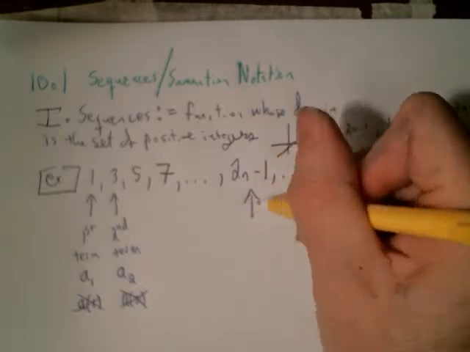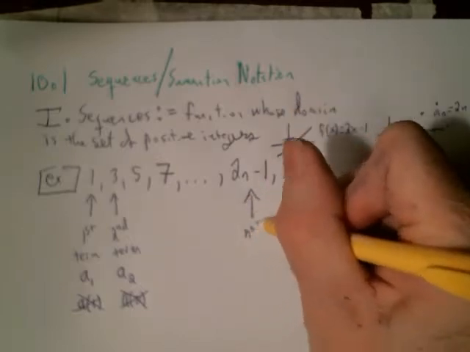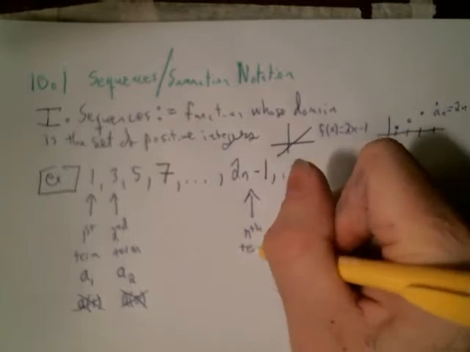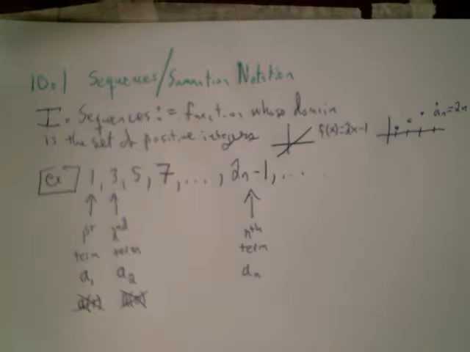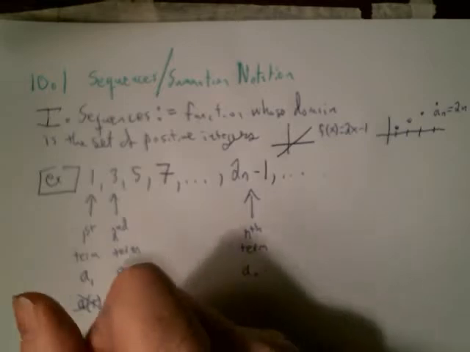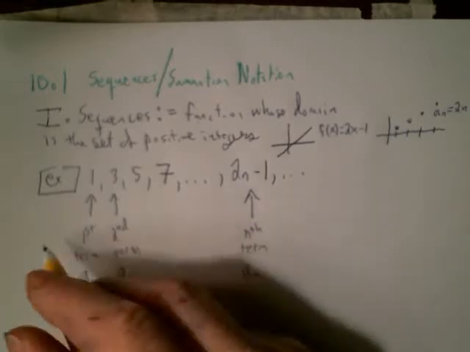Finally, this right here is the nth term, a sub n. This is basically the formula for generating any sequence value. As I've been saying, these things are just like functions.